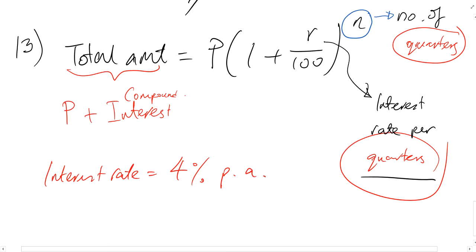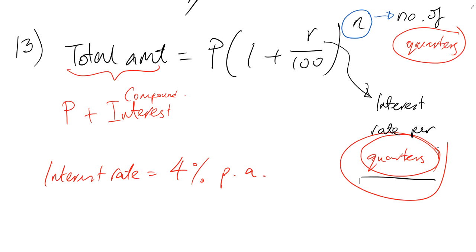When it is 4% per annum, are you able to tell me the interest rate per quarter? What is the interest rate per quarter? So think. 1%? Yes, it is 1%.